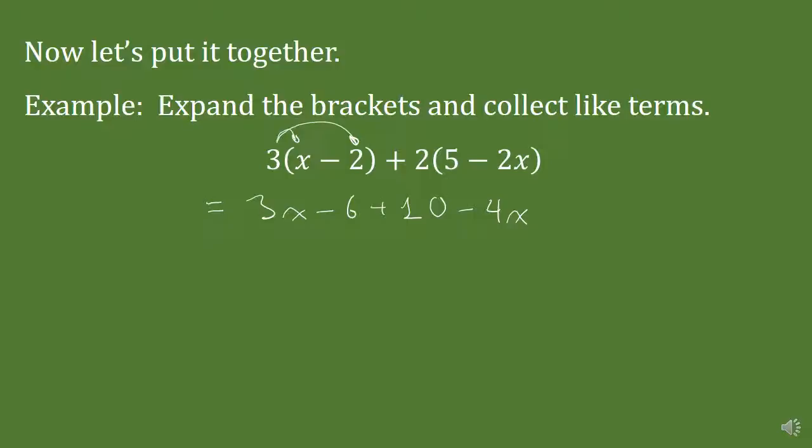So let's see. This 3x and the 4x are kind of far away from each other, but hopefully you've seen before that you can rearrange these things. So what you end up with is 3x, and then the minus sign goes with the thing after it. So minus 4x, minus 6 plus 10.